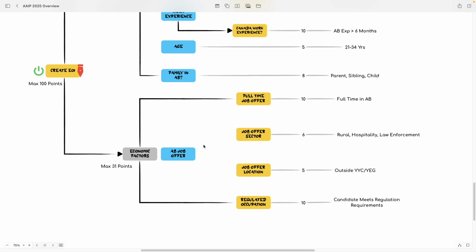So job offer, again, as I said in the start of this section, is a very, very strong document, a very required document for all the applications going forward. And I would highly recommend that you pursue Alberta PNP only if you think you can get a job offer. If you cannot get a job offer, it's very difficult to pursue Alberta PNP, to be very honest.